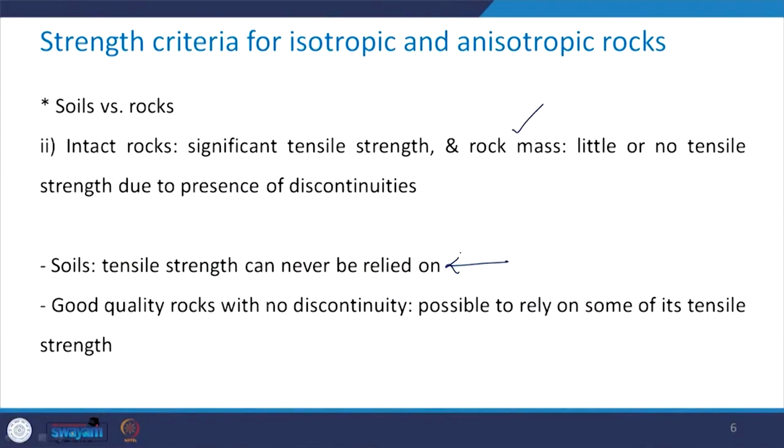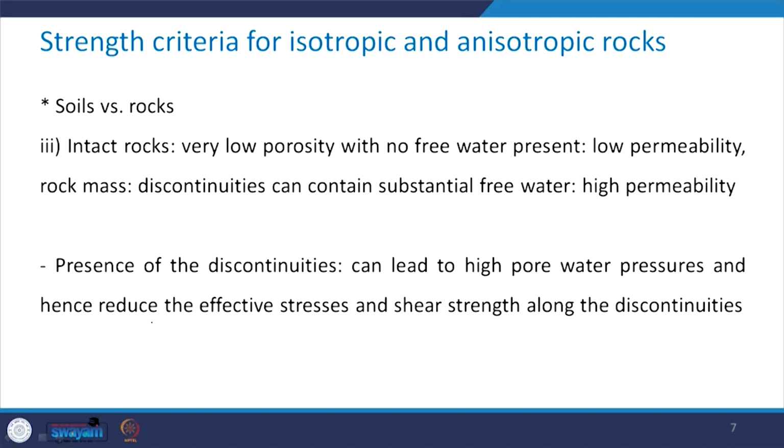Your answer should be no, because the tensile strength of soil cannot be relied on, and therefore this does not make any sense. Good quality rocks with no discontinuities, it is possible to rely on some of their tensile strength, but not in case of the rock mass.